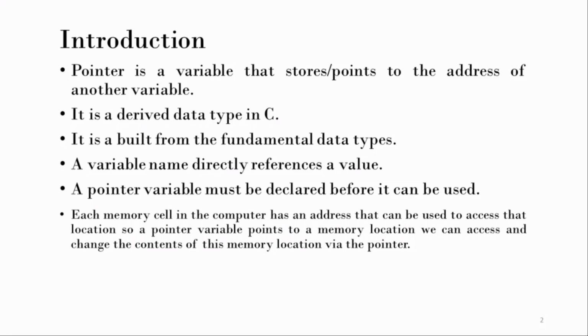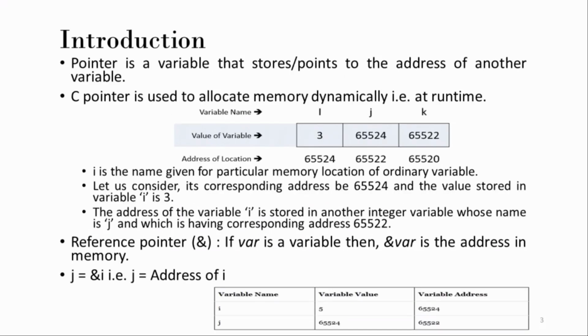A variable name directly references a value. A pointer variable must be declared before it can be used. Each memory cell in the computer has an address that can be used to access that location. A pointer variable points to a memory location, so we can access and change the content of this memory location via the pointer.